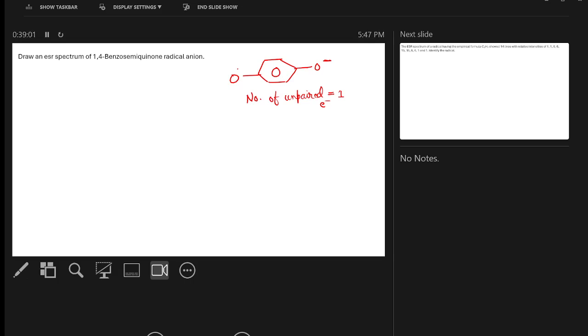But there are 4 hydrogens here. And let's say all the carbon is C12, no C13.